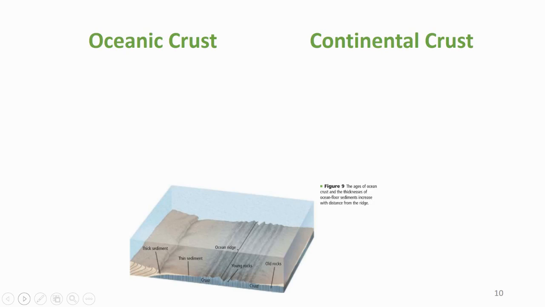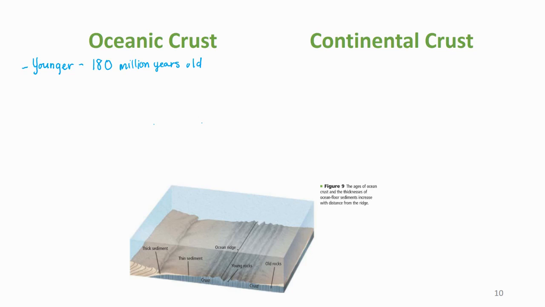So how do oceanic crust and continental crust differ? Oceanic crust, contrary to what was previously believed, was found to be younger than continental crust. In fact, the oldest oceanic crust is only 180 million years old. We know that oceans have been around for nearly as long as the planet, which is 4.5 billion years.